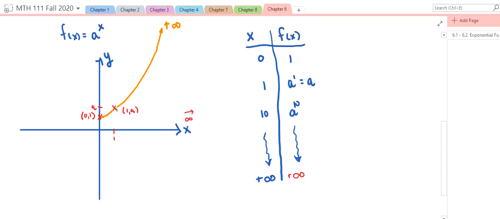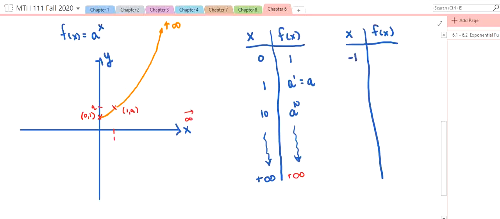Okay, so what does it do on the other side of the y-axis? Let's continue to investigate this. When x was 1, this equals a.